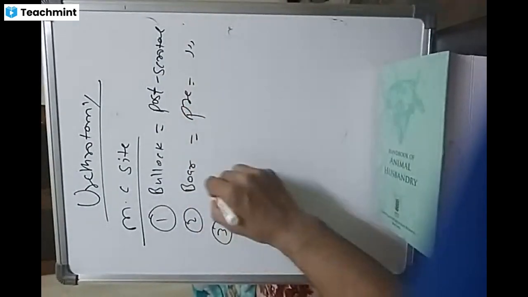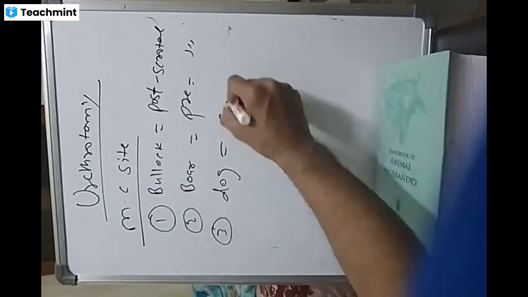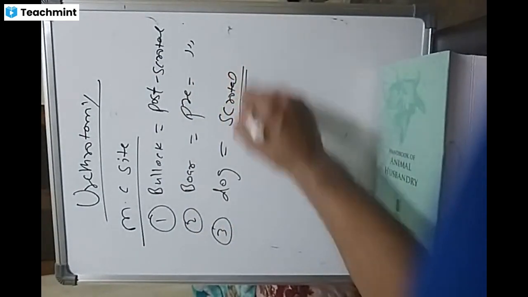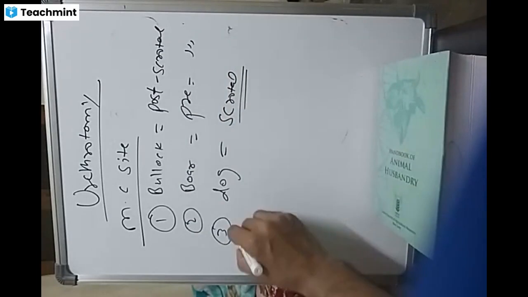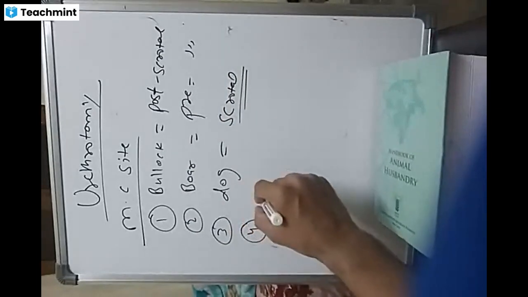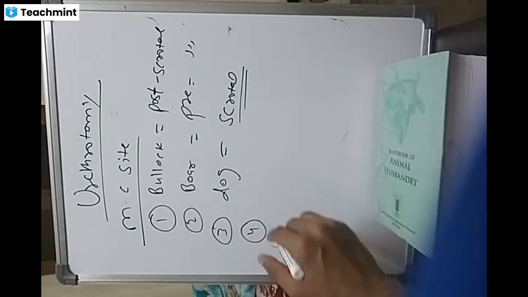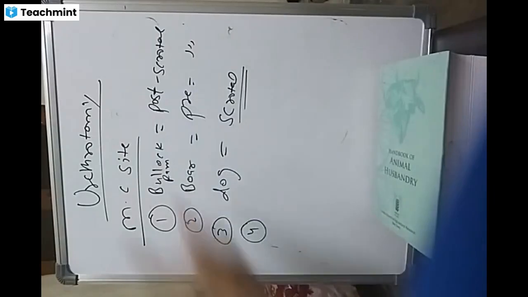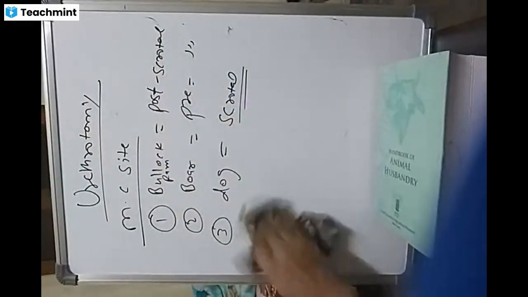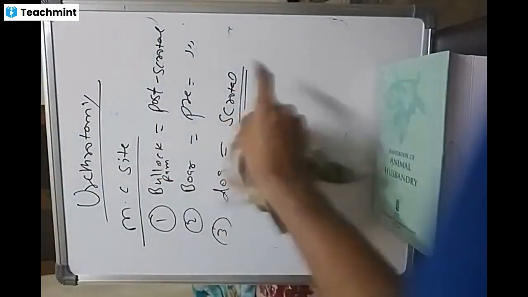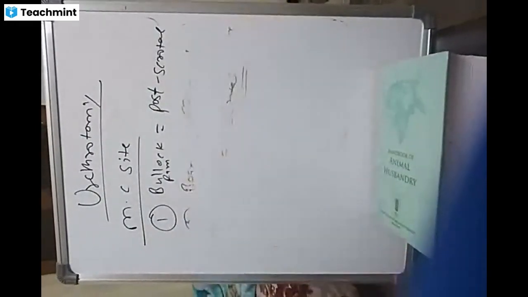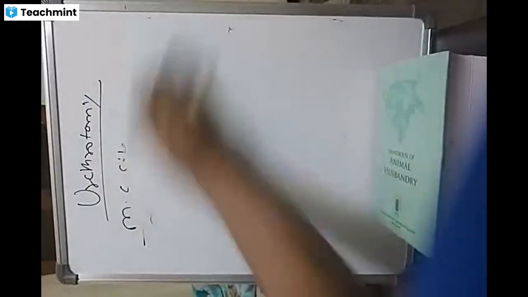If they ask the urethrostomy site, commonly preferred is scrotal. It is left. Ram also, because the second most common is post scrotal. So these are the preferred sites. You can approach through any side, but these are the most common sites.